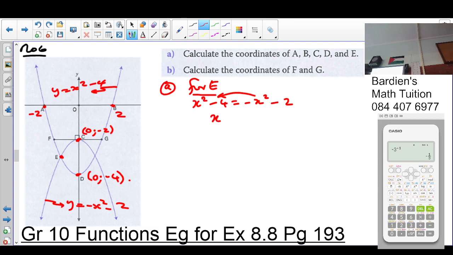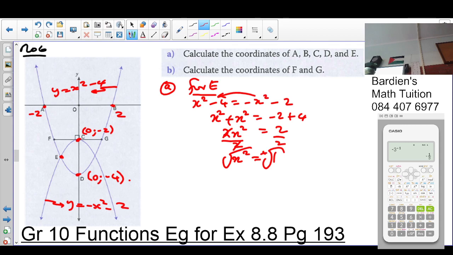So it's going to be x squared plus x squared is equal to minus 2 plus 4, which is 2. 2x squared is equal to 2. Now what? Divide by 2. So it's going to be x squared is equal to 1. When you do your square root, I must not forget, so x equal to plus minus 1. Which one of the two is it? Negative 1. Why is it negative 1? Negative side of the x-axis.